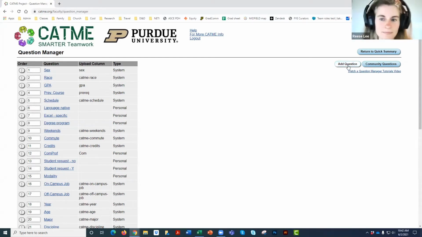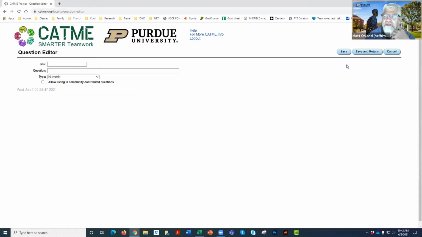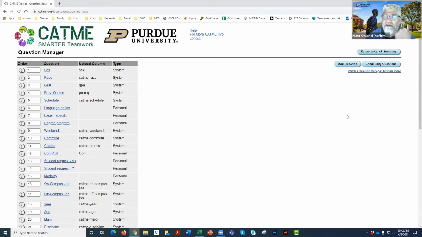But it's possible to either search questions that have been asked by other people, which sometimes is a helpful starting point, and then you can copy and edit those, or you can just add a question of your own, which also allows for, once you've first created a question, there are advanced features. And those advanced features allow things like being able to upload the question and so forth. And also to be able to set a default response.